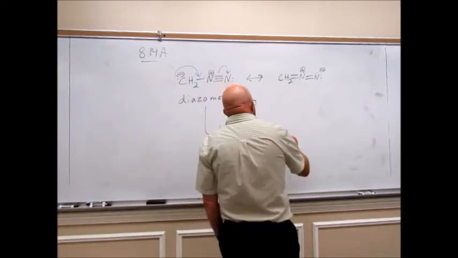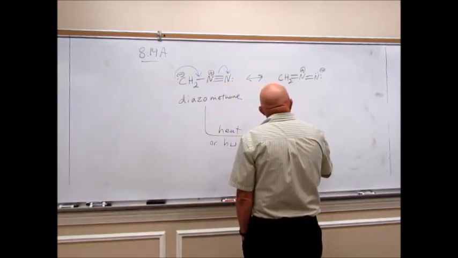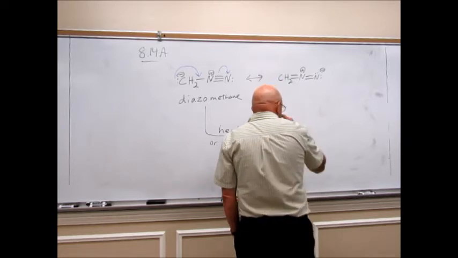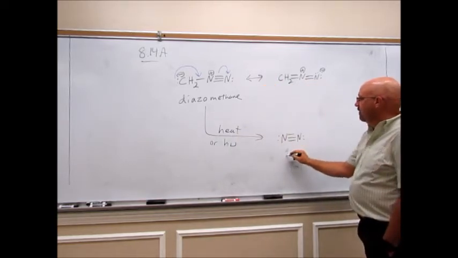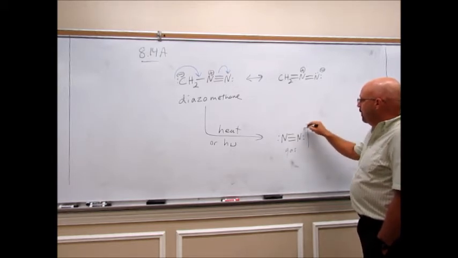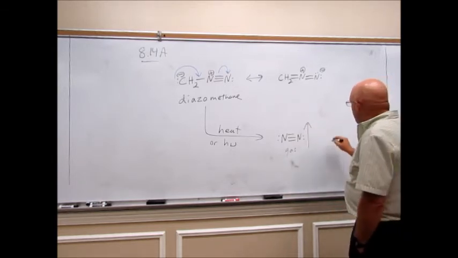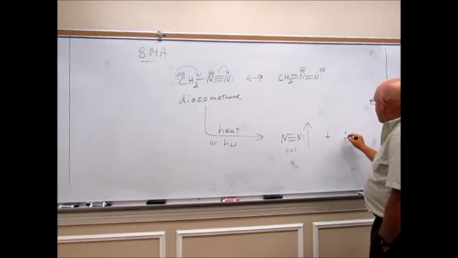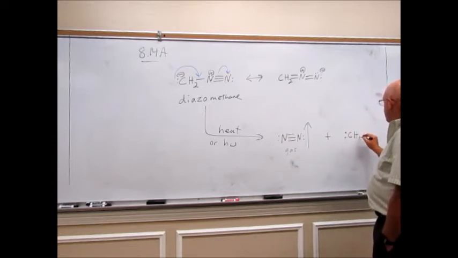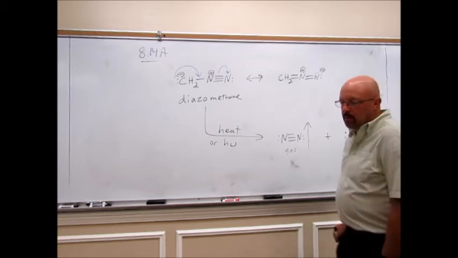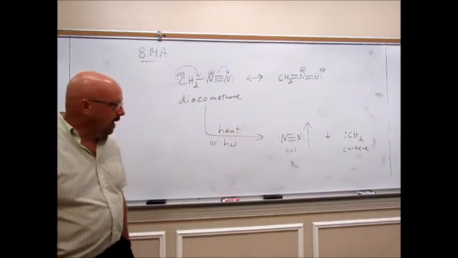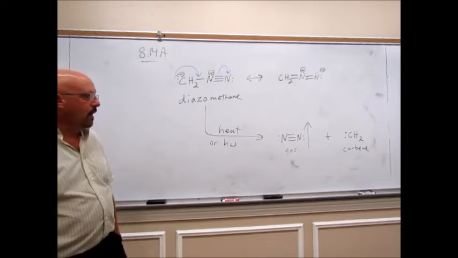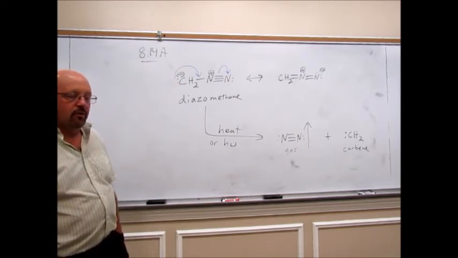You get a nitrogen molecule, and of course a nitrogen molecule is just a gas. You get nitrogen gas, and that will bubble out. The other product that we get is the carbene. Now, like I said, carbenes are not very stable, so we need to use it very quickly.